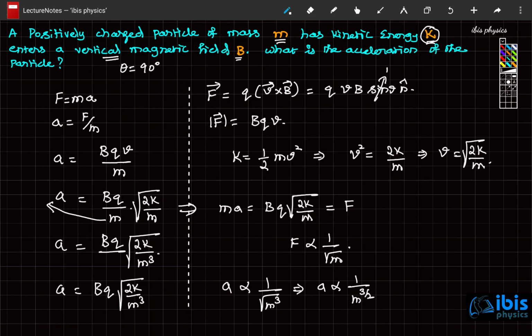So these are two important results which you should remember. One is, when the kinetic energy is known, force is inversely proportional to the square root of mass, and acceleration is inversely proportional to m power 3 by 2, provided the kinetic energy is constant or known.